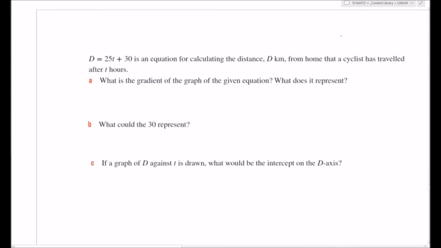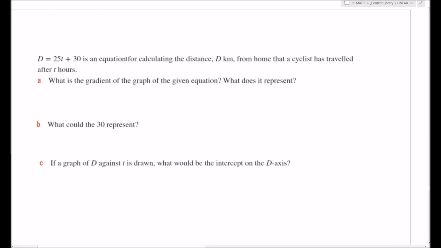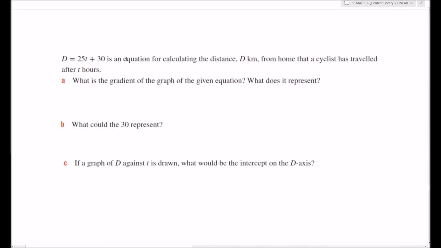Here is an equation. d equals 25t plus 30 is an equation for calculating the distance d from home that a cyclist has traveled after t hours. Like I said, with these questions, you'll find that distance is generally the thing that you're trying to find, so that'll be a y variable here, and then generally your gradient is like your time.